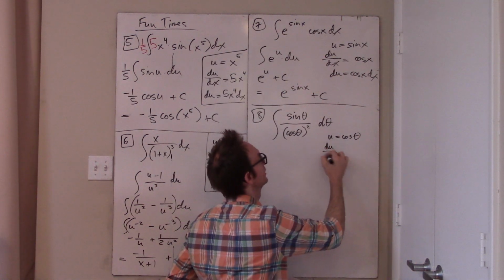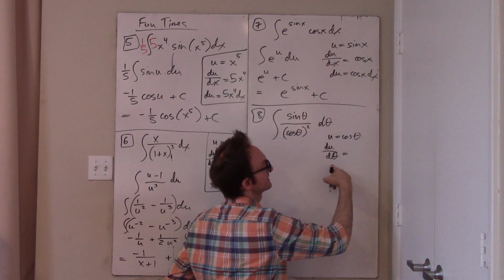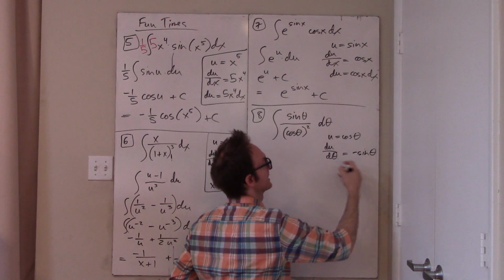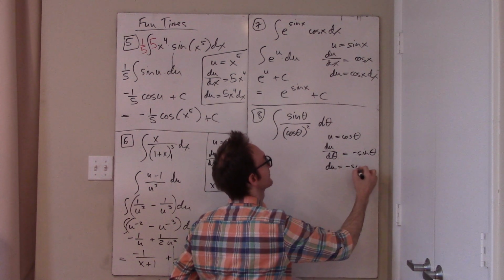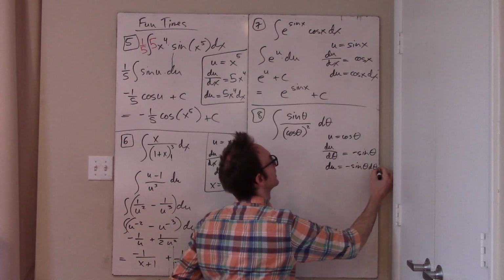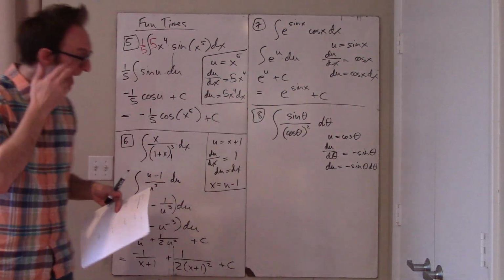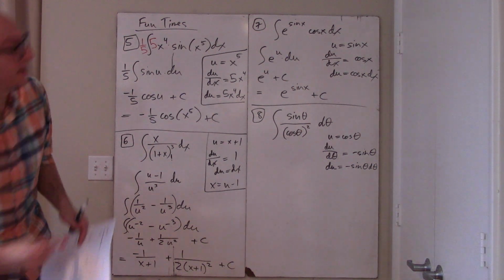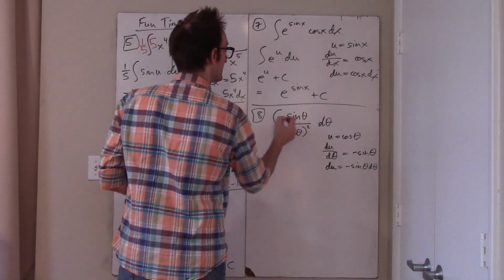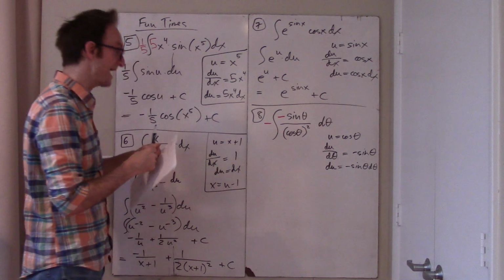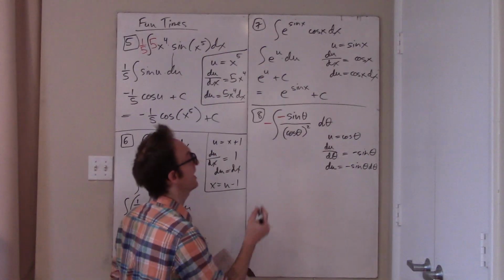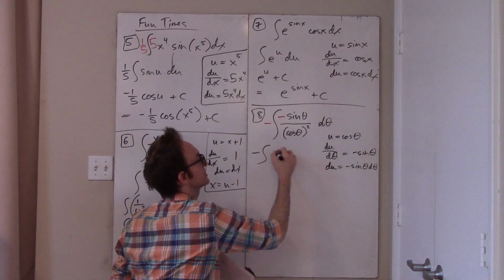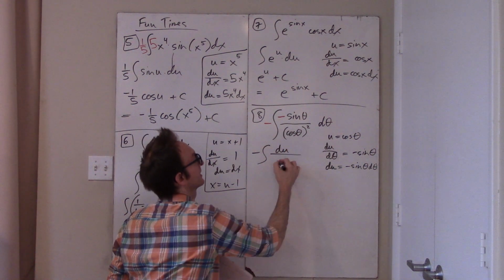Then du d theta is negative sine, and so du is negative sine theta d theta. Having done that, I see that the numerator is almost exactly what I need, but I'm missing a negative. So I stick in a negative and undo the damage with a negative on the outside. Then negative sine theta d theta is just du, and down here is u squared.